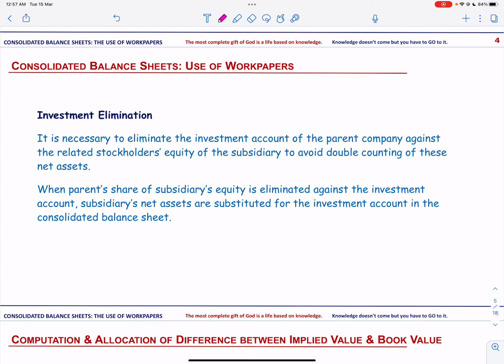In the consolidated balance sheet, the subsidiary assets and liabilities are combined with those of the parent company. It is therefore necessary to eliminate the investment account of the parent company against the related stockholders' equity of the subsidiary to avoid double counting. Thus, when the parent company's share of the subsidiary company's equity is eliminated against the investment account, the subsidiary company's net assets are substituted for the investment account in the consolidated balance sheet.